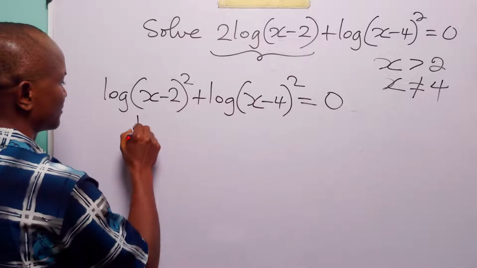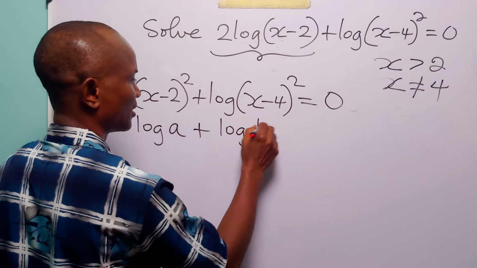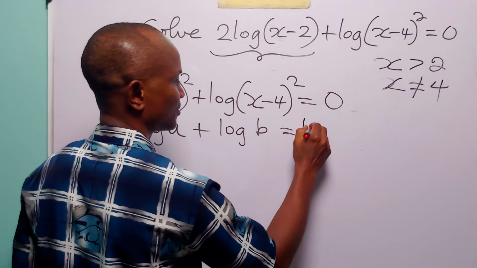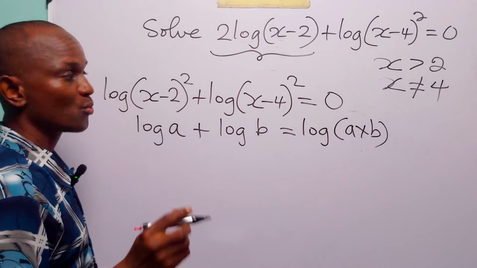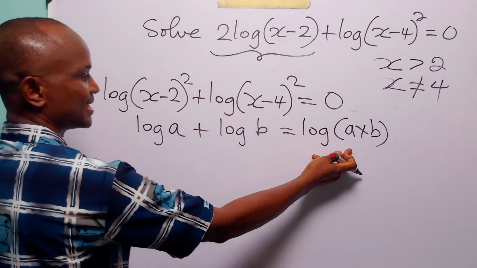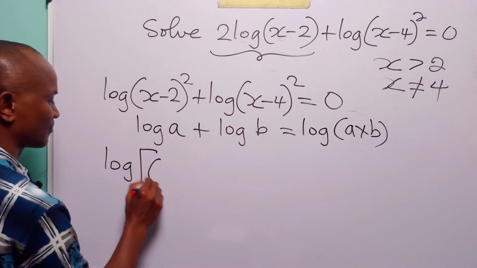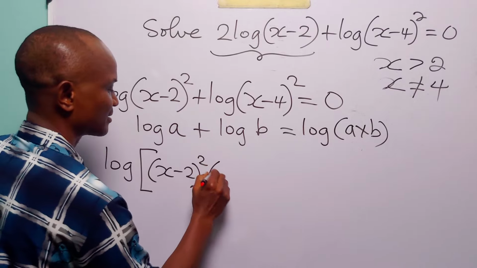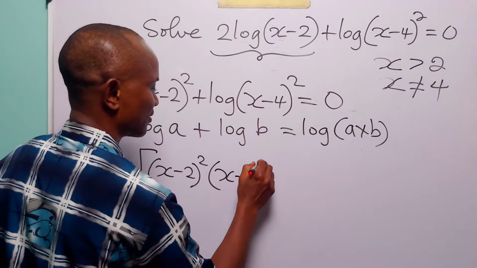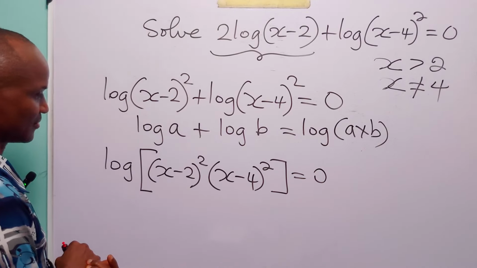Now, remember that log a plus log b is equal to log of a times b. So we can write this left-hand side as log of (x - 2) squared multiplied by (x - 4) squared. And this is still equal to 0.